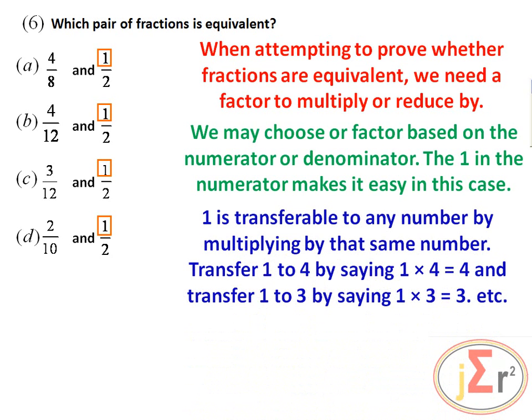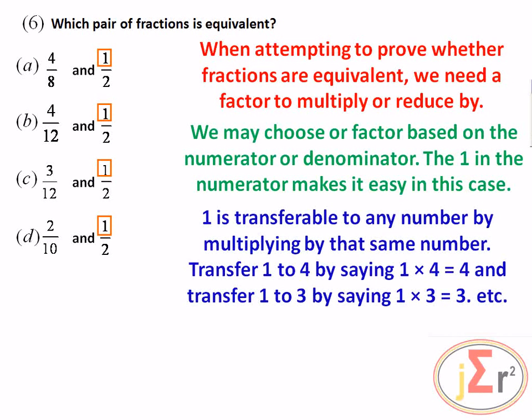So if we have a fraction, say, Jerry, a fraction like 3 over 4, and we have another fraction that we want to know if it is equivalent to 3 over 4. The numerator of that fraction is 18.